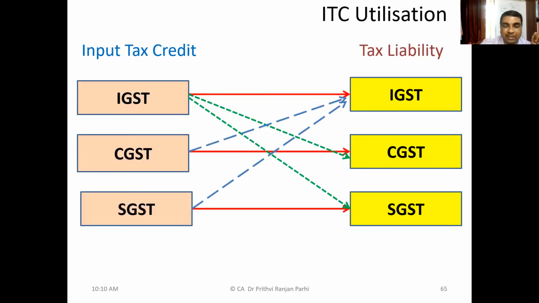Let me go back here. The point is that IGST is 0, but IGST liability is there. As you can see, IGST liability can be settled by CGST and also SGST. If you have CGST or SGST credit, use it. If you do not have it, then pay in cash.